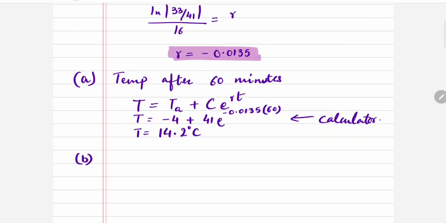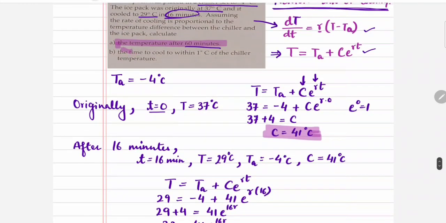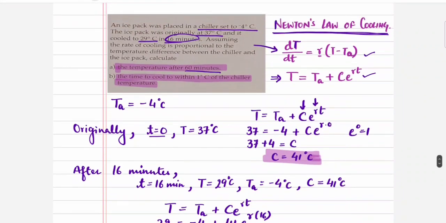Now the next part of the question is the time. So we have to find the time to cool to within 1 degree Celsius of the chiller temperature. So within 1 degree Celsius of chiller temperature means that if the chiller temperature is -4, it is less than -3 degrees Celsius.